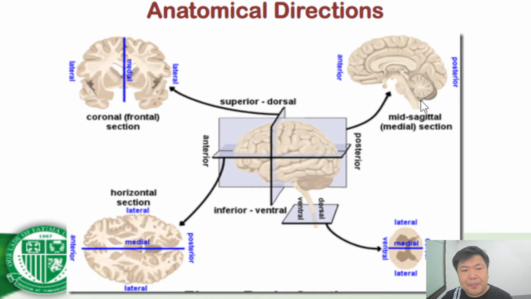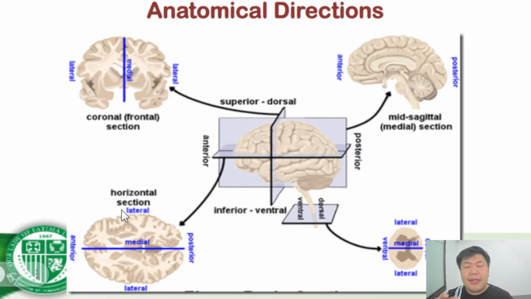All right? Madali. Now, if we cut the brain in half in order to have a top and a bottom half, then we call that horizontal section. Hinati natin yung brain para magkaroon ng taas at ng baba. We call that horizontal section. So basically, tinitignan natin yung brain from underneath, no?